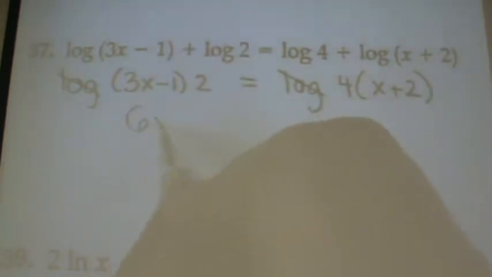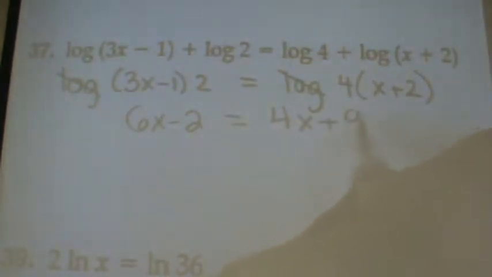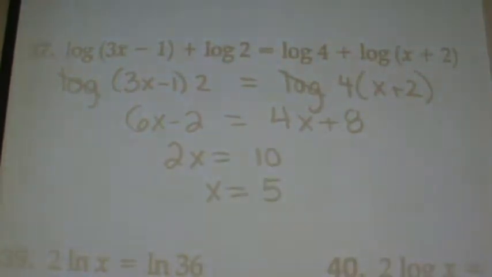You get 6x minus 2 equals 4x plus 8. Subtract 4x. Add 2. What's your answer? 5? Easy? Okay, good.